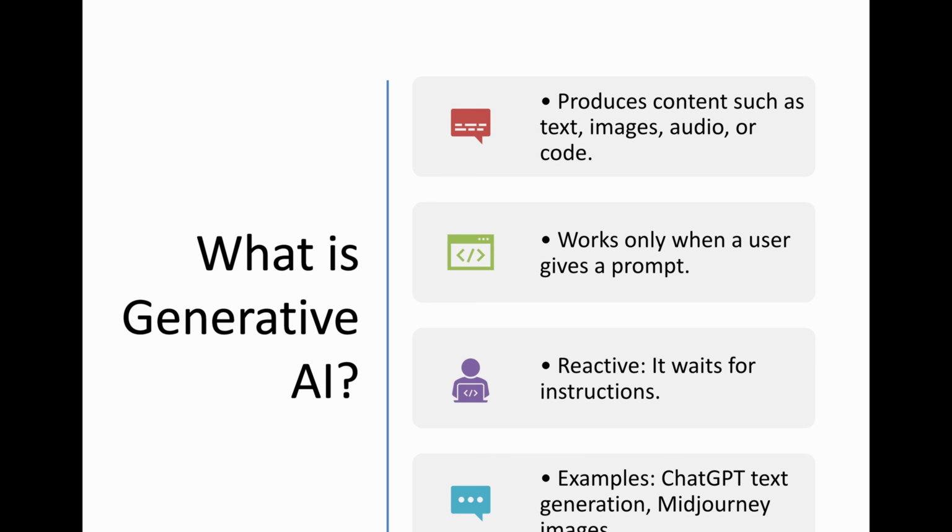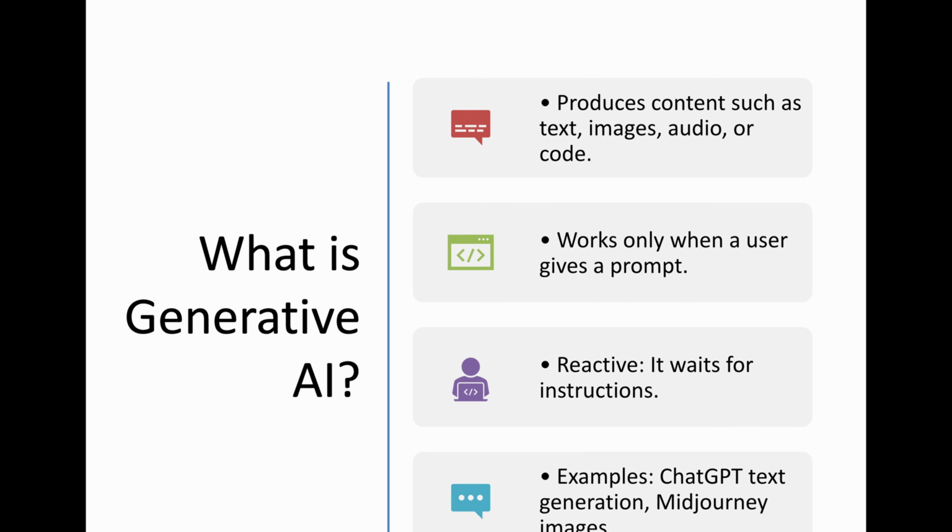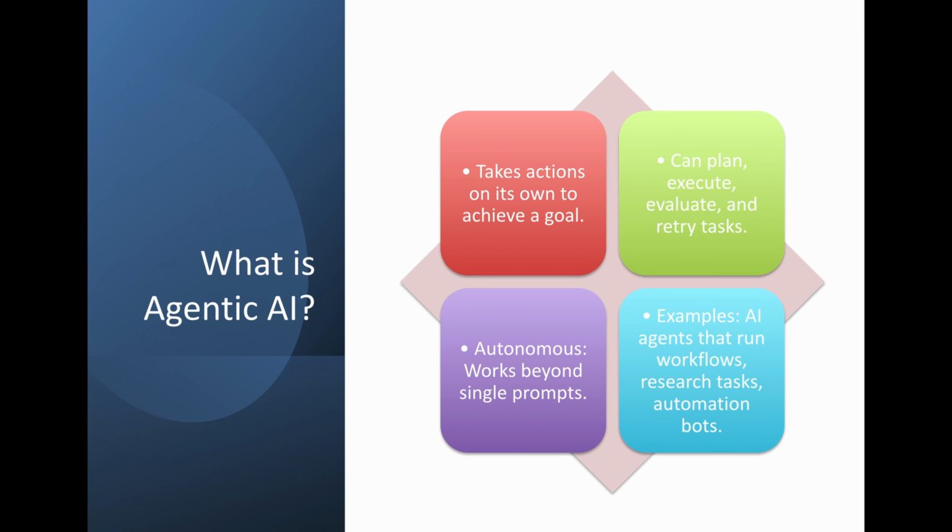In prompt engineering, we have different categories, like how the output should be given and what the context is. All these things come under prompt engineering. We can discuss prompt engineering later on, but in generative AI, it will give us the content.